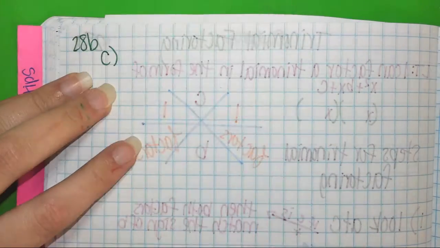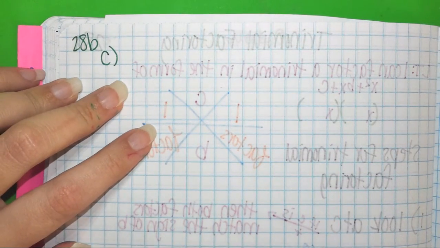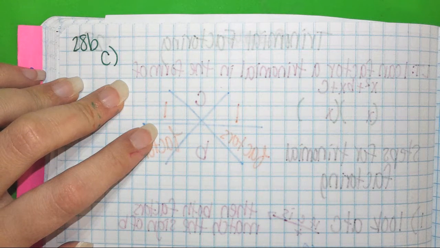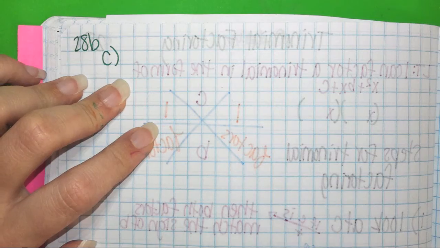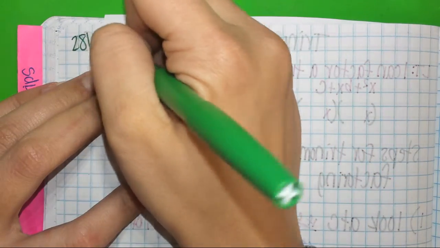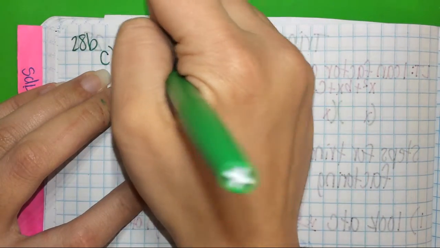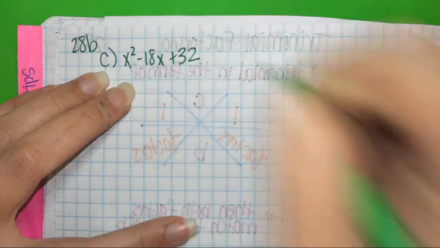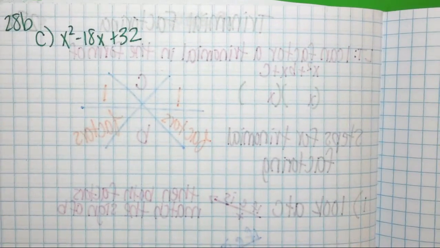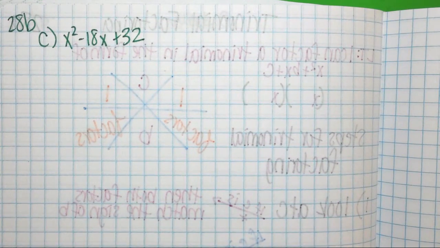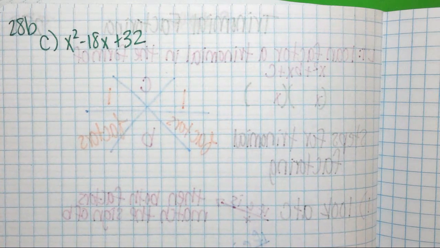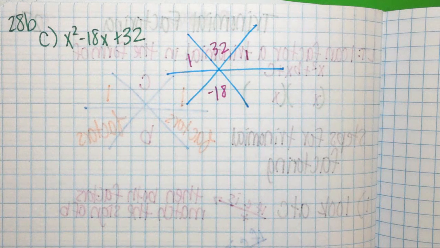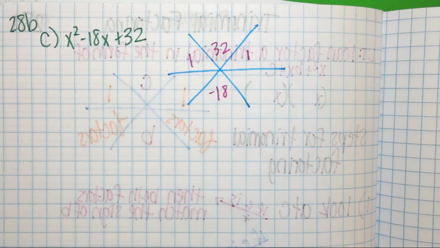This is problem C. x squared minus 18x plus 32. Try that one without me. You can do it. Alright, does everybody's star look like mine so far?